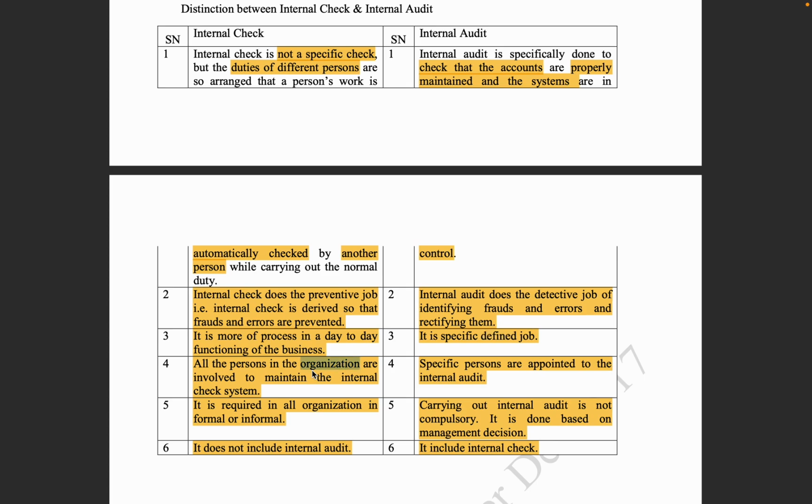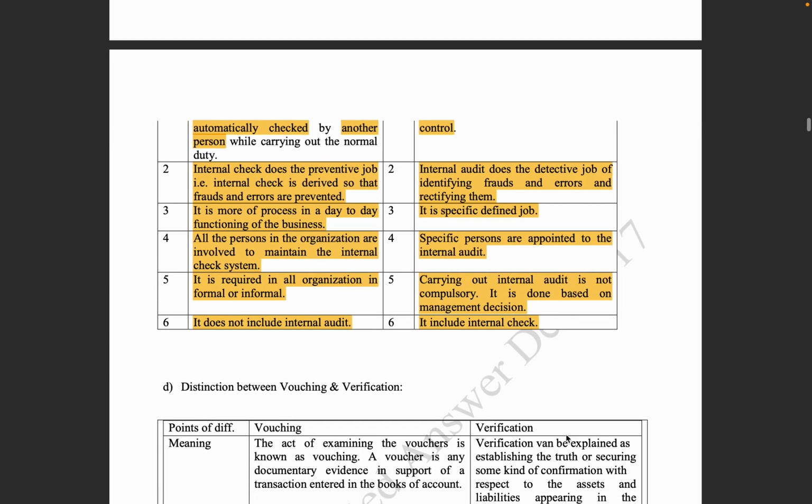All persons of the organization are involved in maintaining internal check, while specific persons are appointed for internal audit. Internal check is required in all organizations in a formal or informal way. Internal audit is not compulsory, but is done based on the management decision. Internal check does not include the internal audit, while internal audit includes the internal check.